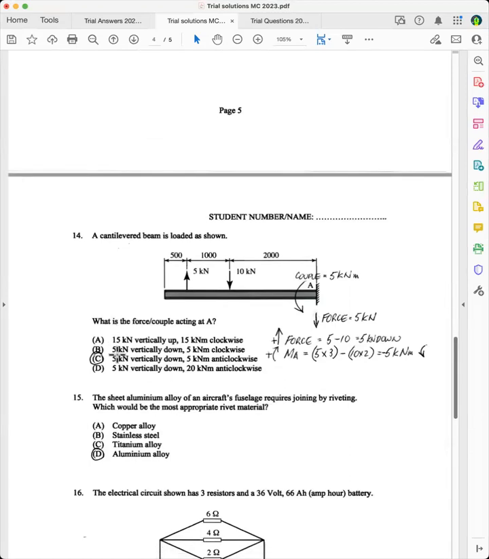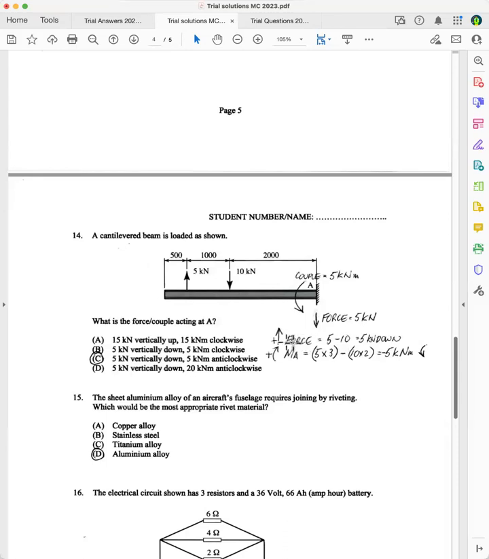Here's a cantilever beam. It wasn't answered very well. You had to replace these two forces with a force couple system at A. And so sum of the vertical forces is equal.